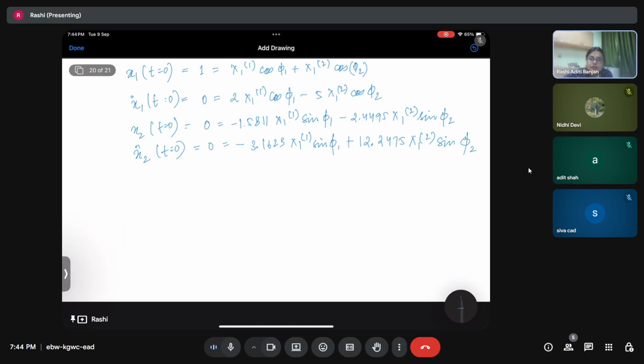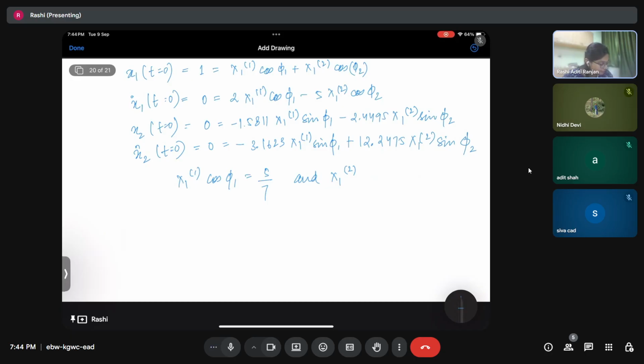So these are the four equations that we are going to get, and I've already solved them. It will give us x1 of 1 cos phi 1 as 5 by 7 and x1 of 2 sin phi 2 as 0. First I'll write all the solutions for displacement, then we'll write those for velocity.